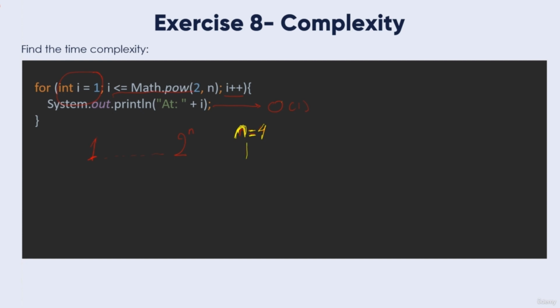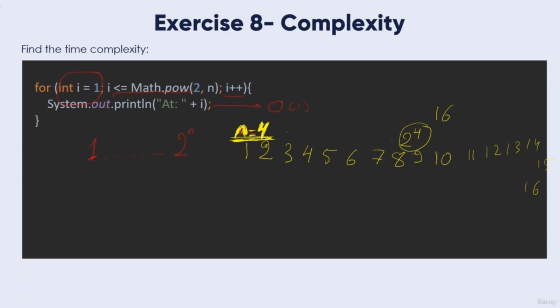It is from 1 to 2 to the power 4, which is 2 times 2 is 4, 4 times 2 is 8, 8 times 2 is 16. So 2 to the power 4 is 16. So the elements are 1, 2, 3, 4, 5, 6, 7, 8, 9, 10, 11, 12, 13, 14, 15, and 16.